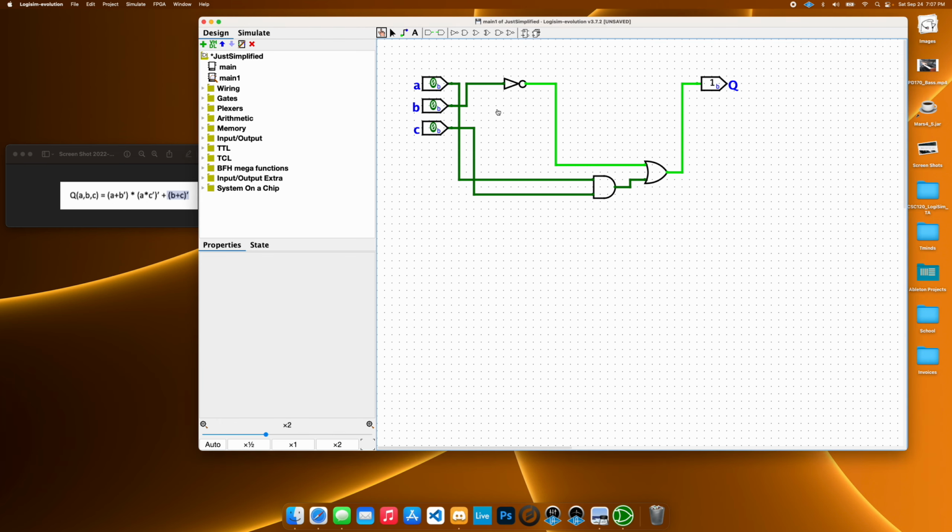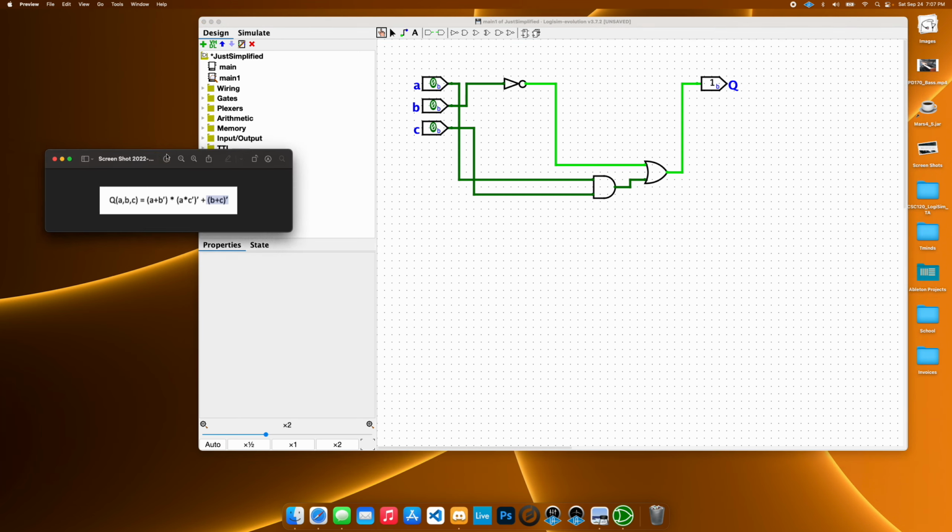Here, we have A and C being ANDed together. And then we have B NOTed, and that is being ORed with this AC ANDed together.